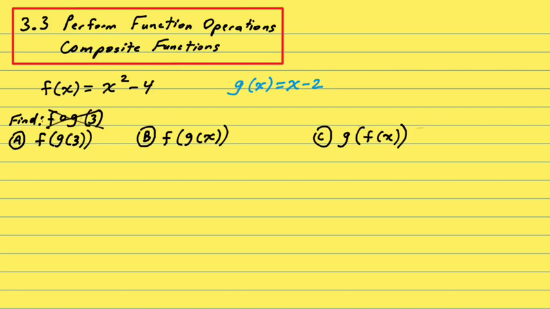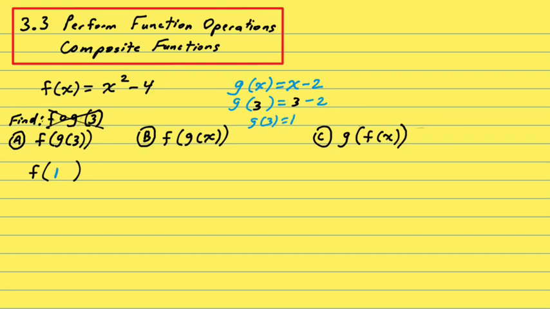I prefer the old style of writing it like this. I want f of g of 3. So first I need to find out what g of 3 is. How do I find what g of 3 is? Well, I replace the x with the 3. And what is g of 3? 1.